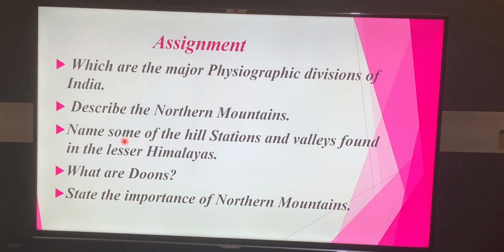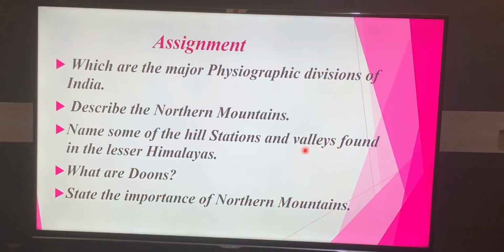Next, name some of the hill stations and valleys found in Lesser Himalaya. The hill stations and the valley located in Lesser Himalaya. Only those you have to mention. So hill station you can mention about Shimla, Nainital, Darjeeling. These are the hill station you can mention.